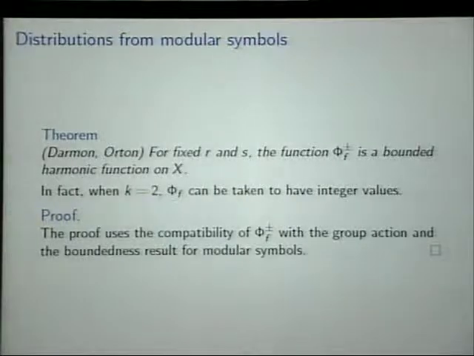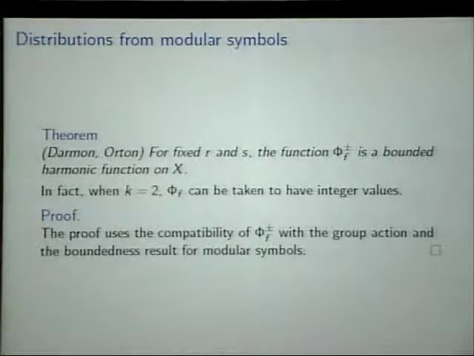So take k equals 2, right? Then you have a bunch of numbers. Why is it bounded? Well, you remember that the modular symbols themselves were bounded. And you have this compatibility under the action of the group, which allows you to change, if you think about the way the group acts both on the modular symbols and on the edges, the integral of the modular form on an edge between R and S into the integral on the standard edge between different R and S by using the group action.